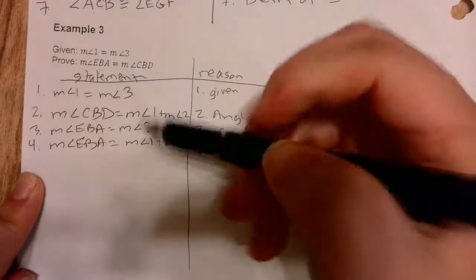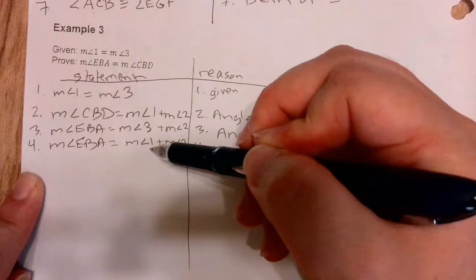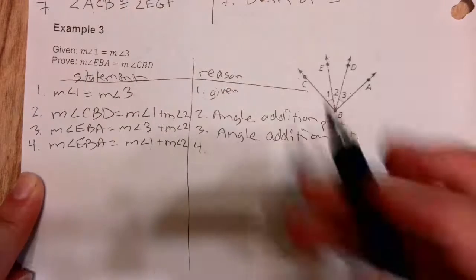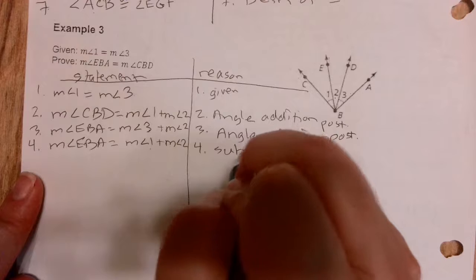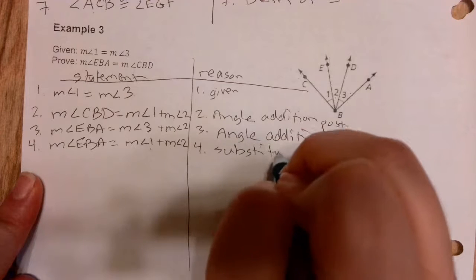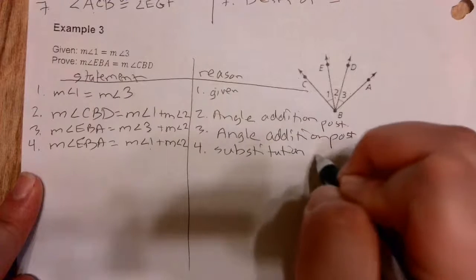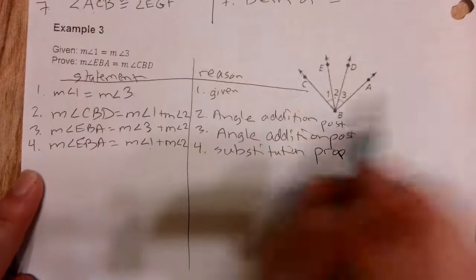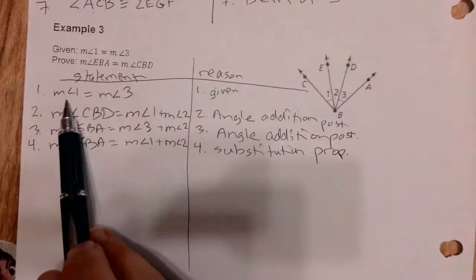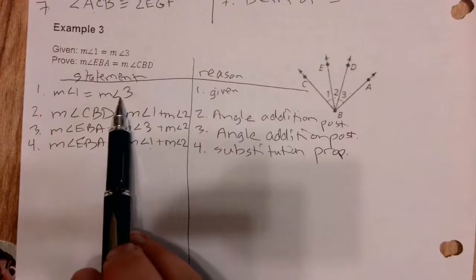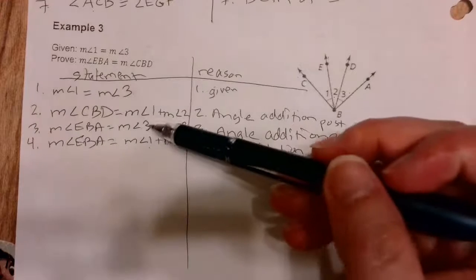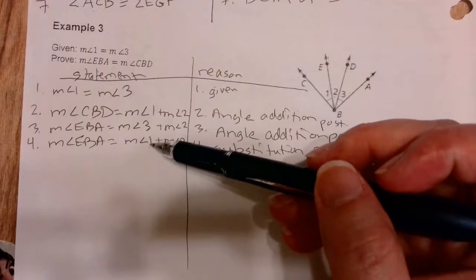And how did we change the 3 into a 1? We use substitution, or the substitution property. Because we knew the measure of angle 1 was equal to the measure of angle 3, we changed the measure of angle 3 into a measure of angle 1.